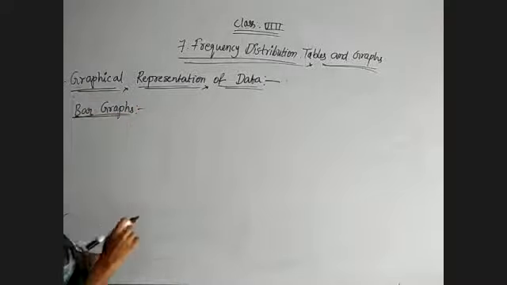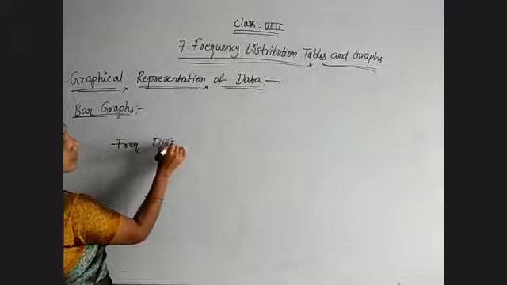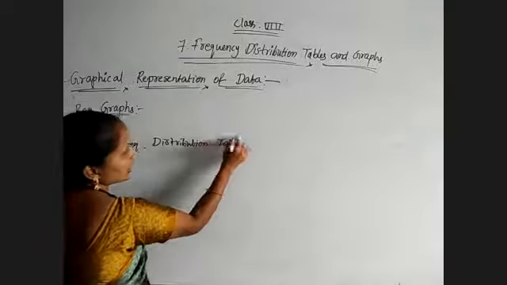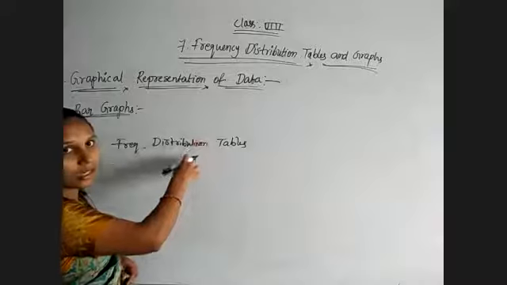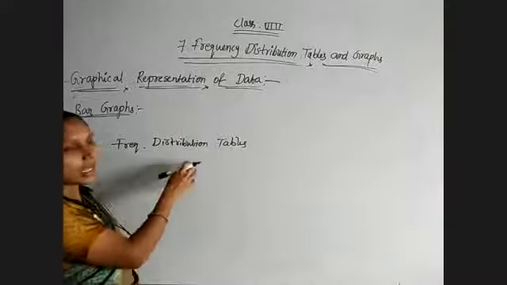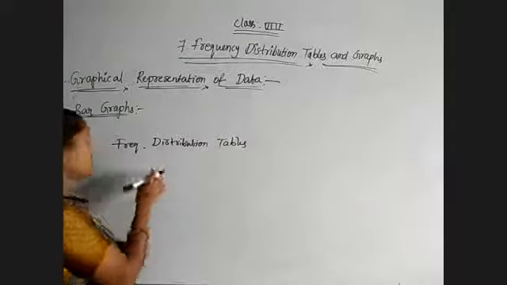Data can be represented using frequency distribution tables. That's what we have studied for ungrouped data and grouped data in the previous exercises. In this chapter, in exercise 7.2, we have studied frequency distribution tables.